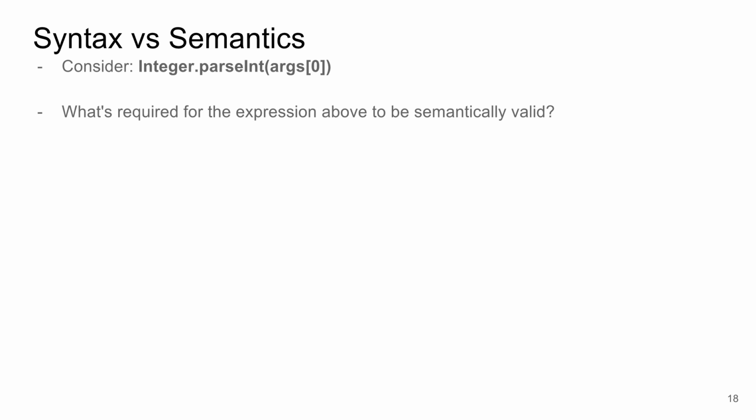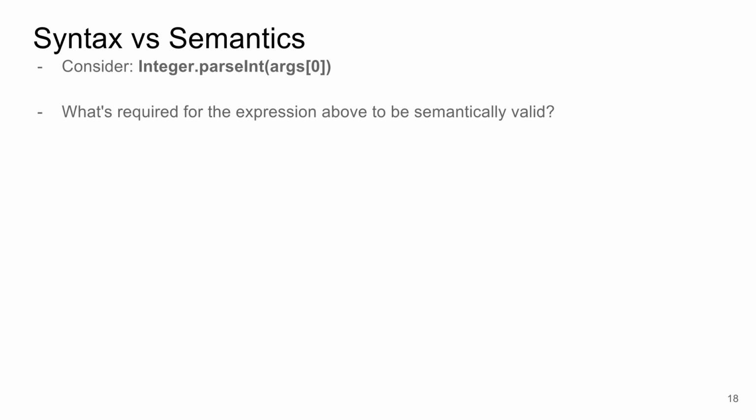First element, args, should be... Okay, that's not necessarily semantics, because that's determined by how the program is run. But in order for us to actually access something like this, args just has to be an array in the first place.